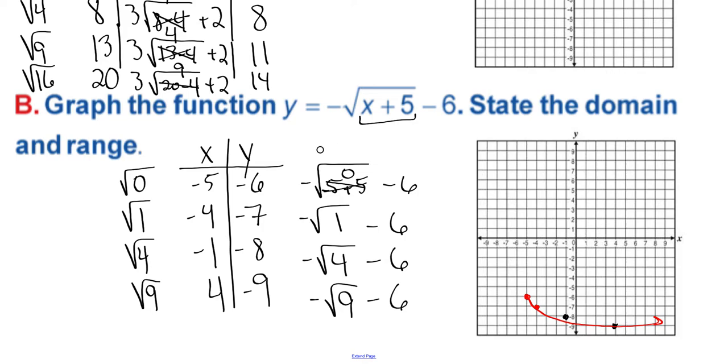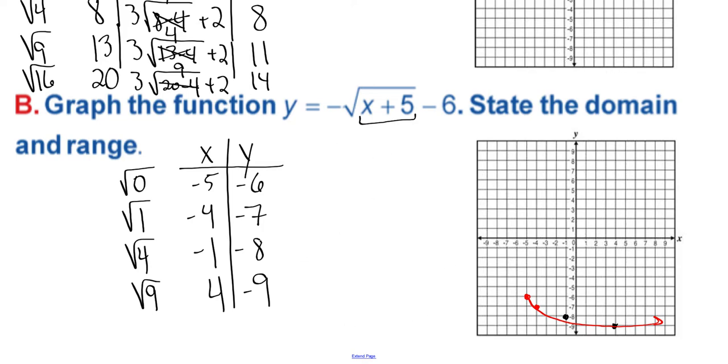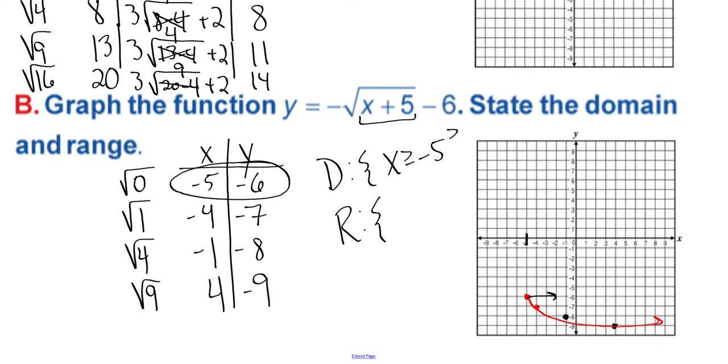All right, then we need domain and range. So this one, since it's going down, the domain and range is slightly different, not bad. Domain, we're still going right from -5, which we can look at this point. Remember, we can just look at that point and get our numbers. So x is greater than or equal to -5.